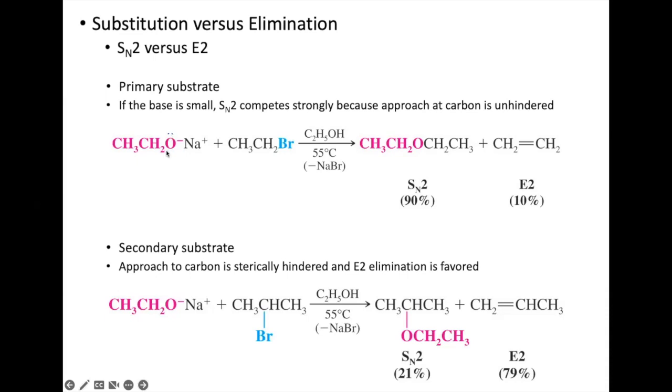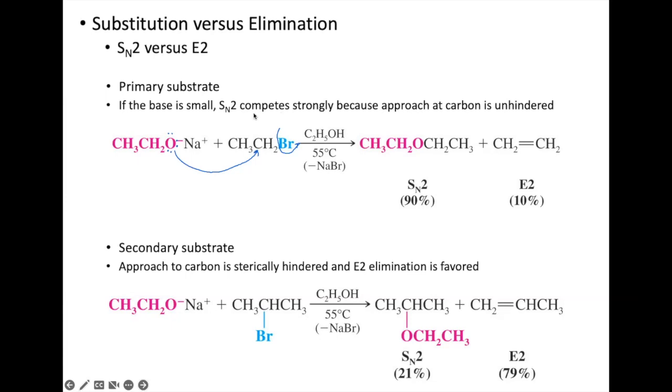So what happens here, again, kapag SN2 reaction, di ba, backside attack, it will attack this carbon, and then this bromine will be the leaving group, leading to an SN2 product, which is an ether, no, magiging diethyl ether.